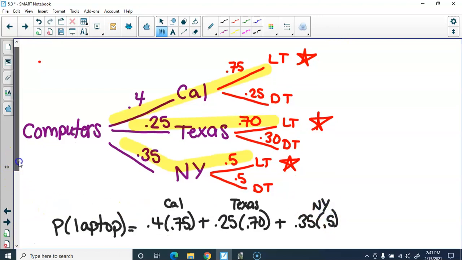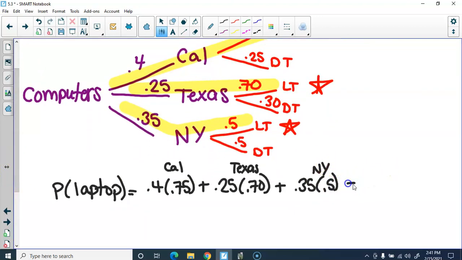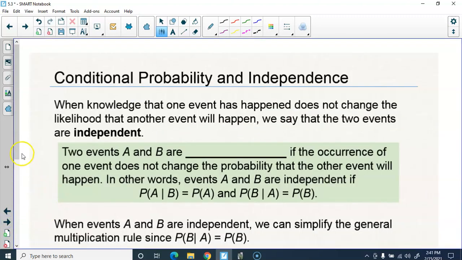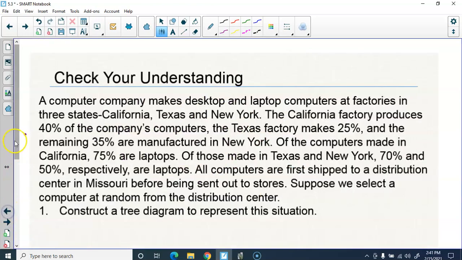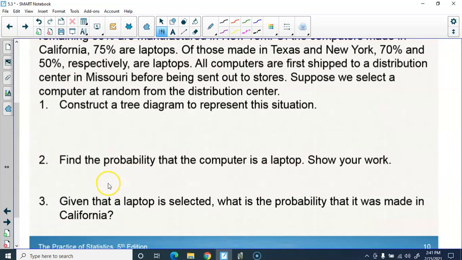Add all three of those together, and we get 0.65. So the probability of choosing a laptop in general was 0.65.